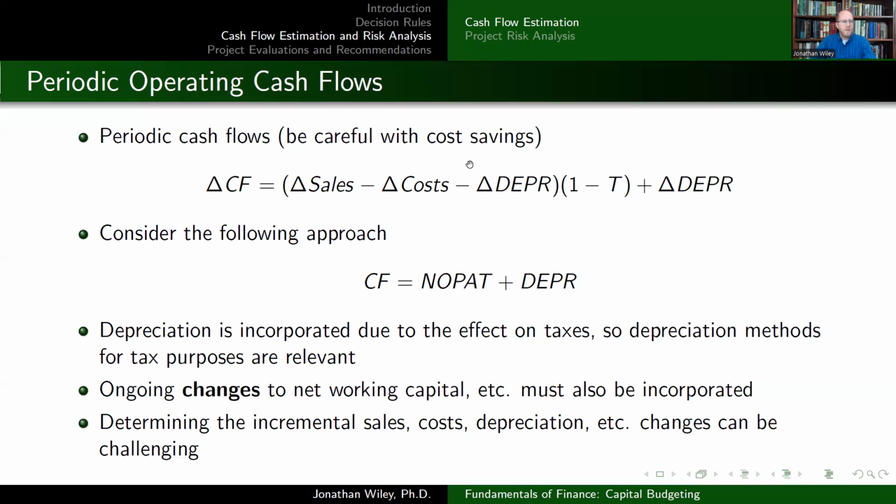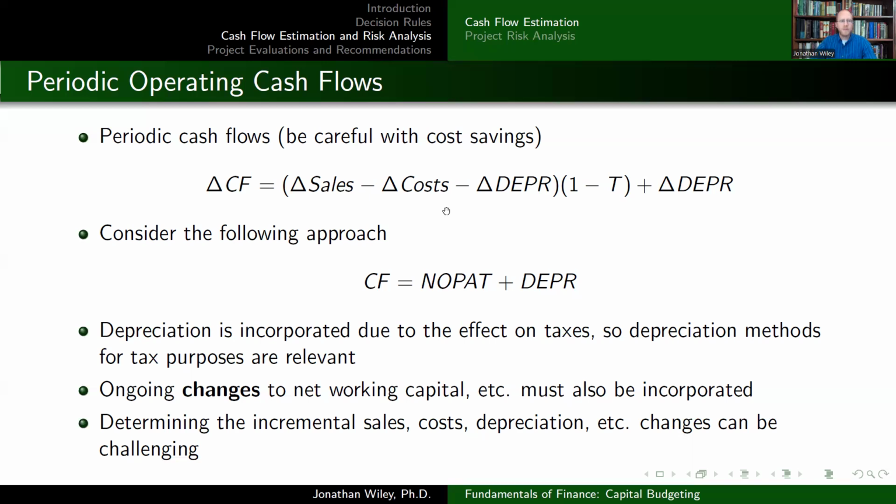Now, having said that, we also need to be careful about cost savings. So I have a subtraction here for subtracting this change in costs. In other words, if costs go up, I would subtract off that increase in costs and reflect the fact that this machinery has an outflow that's associated with those costs.